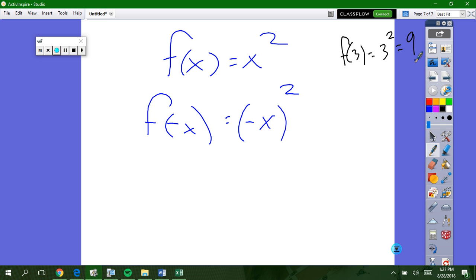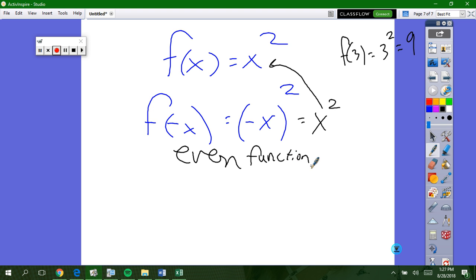Okay, question: what is negative x squared? Did it come back to what it originally was? It's the exact same thing. Because it's the exact same thing, that is an even function. Now, some people say, Mr. Roberts, is it any time I have my degree be 2?